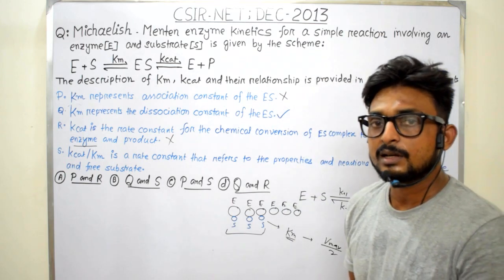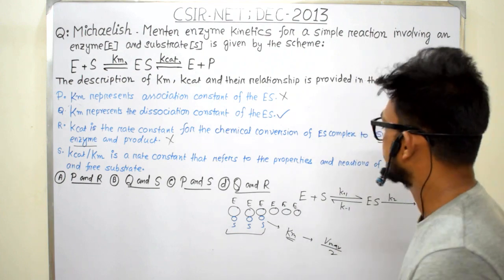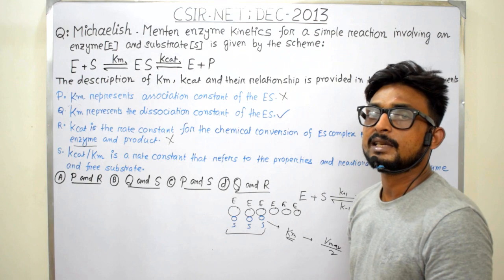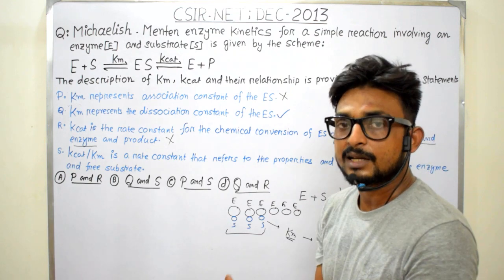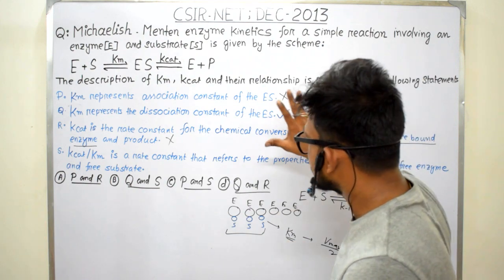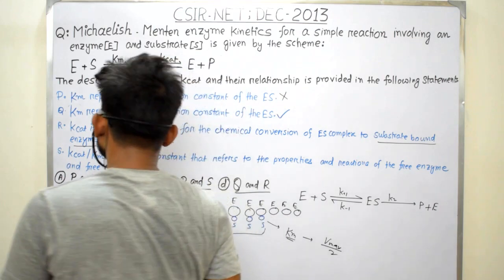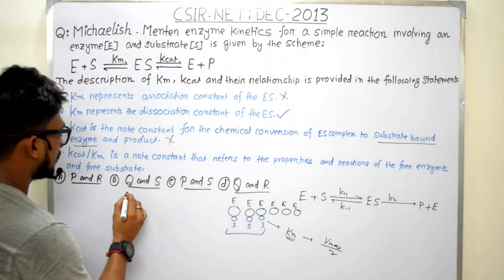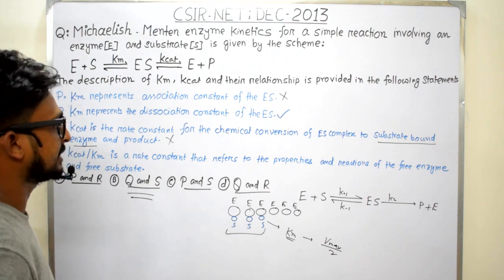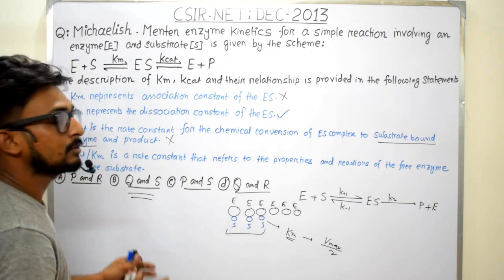Because how fast one enzyme can convert how many molecules of the substrates, and also Km is indicating the free enzymes, how much enzyme is attached and how much is free, okay. So this is all about the explanation, and here we can choose the answer as option B, because S and Q, these two, are right statements, okay. So with this statement we can conclude the answer.